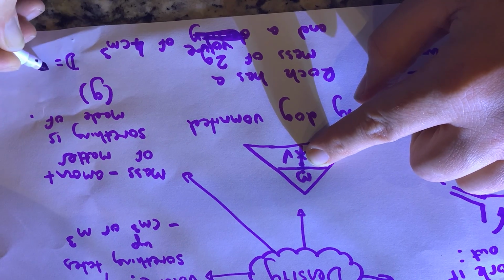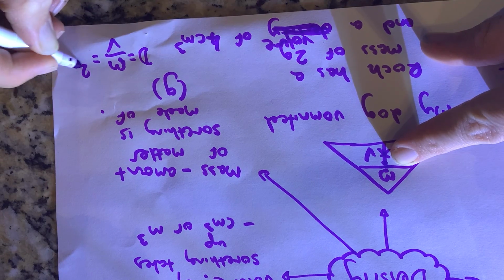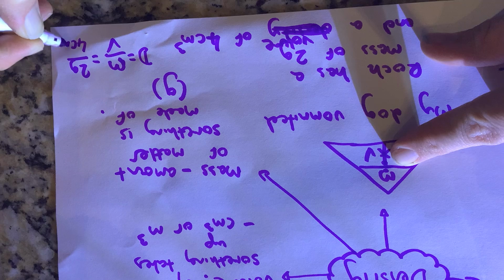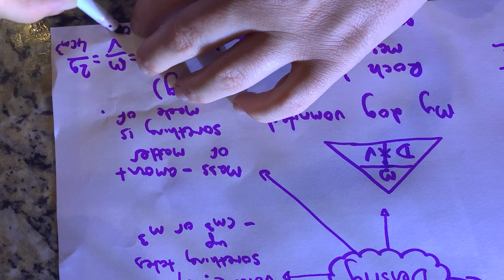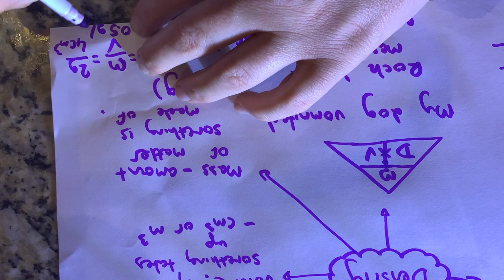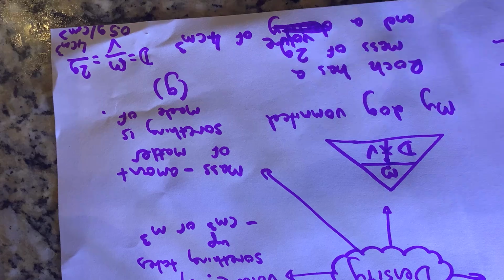So density is equal to M over V. So that is my 2 grams divided by my 4 centimetres cubed. My answer there will be 0.5 grams per centimetre cubed. So that's what my unit is for density, grams per centimetre cubed.